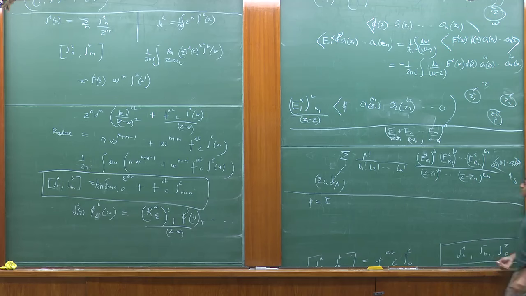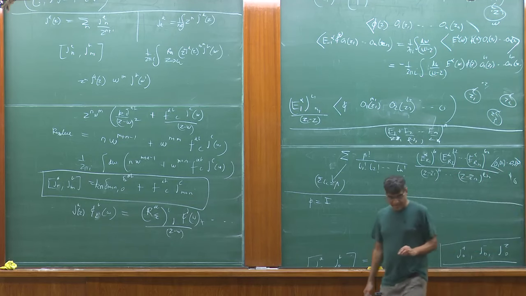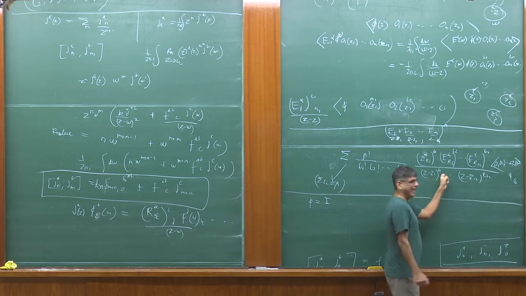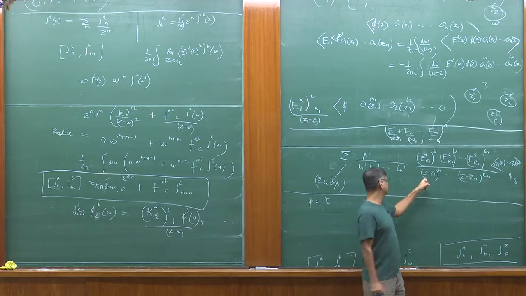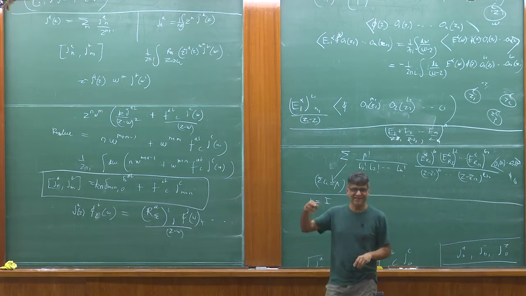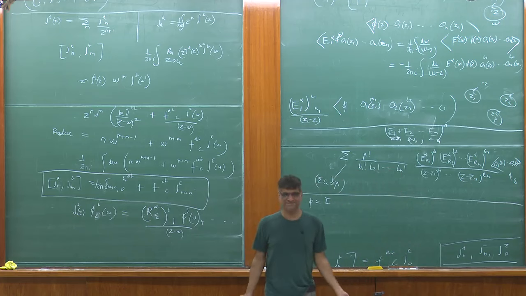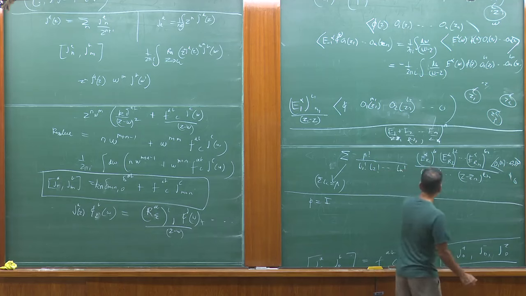We can even do that if you want. Since this holds for all Z, we can multiply this by Z minus Z1 to the power L1 minus 1 and integrate around Z1. That will only pick up the pole at Z equals Z1.